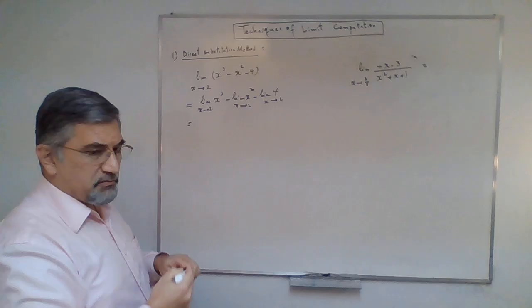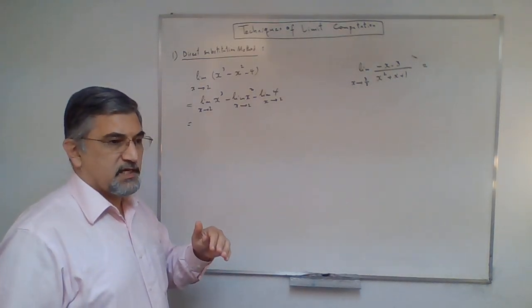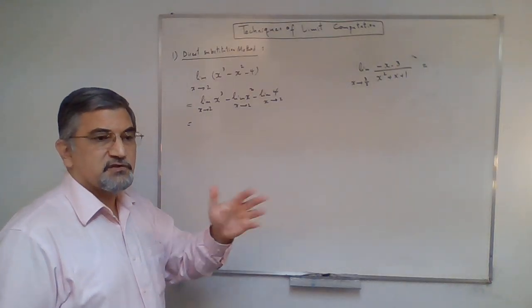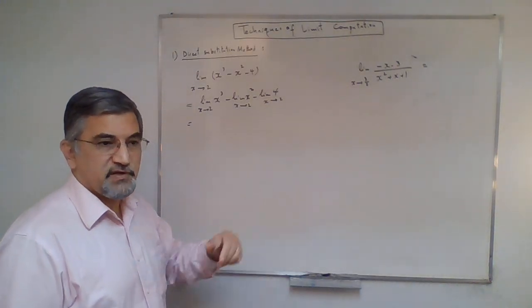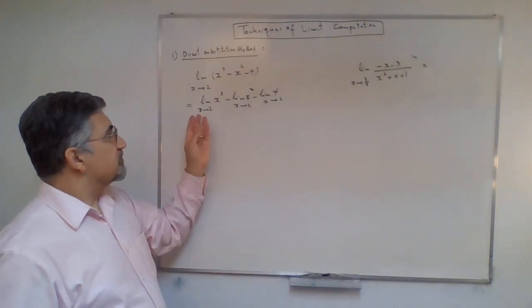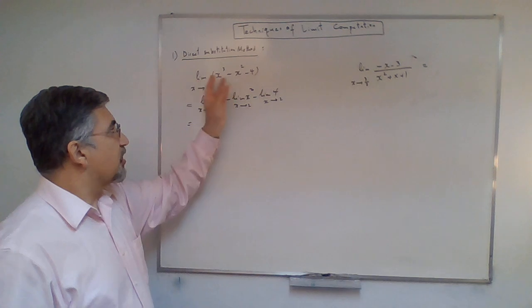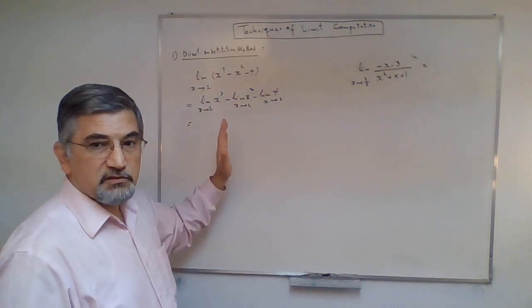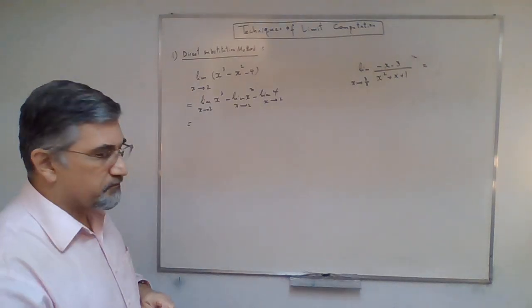If you remember, we said that the limit of a sum is the sum of the limits, and the limit of a difference of two functions is the difference of the limits of those two functions calculated separately. That's why we can break this limit of this cubic polynomial function down into 3 smaller limits.